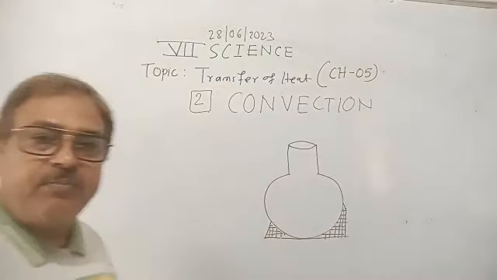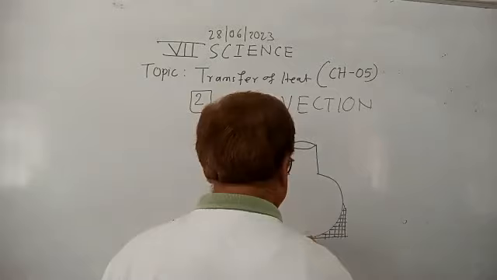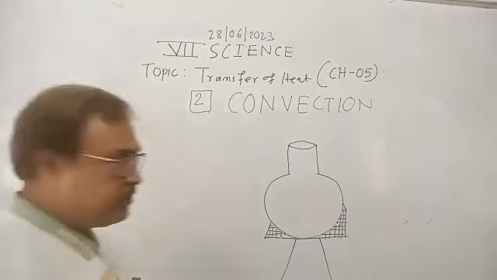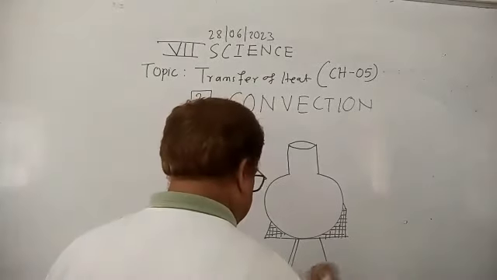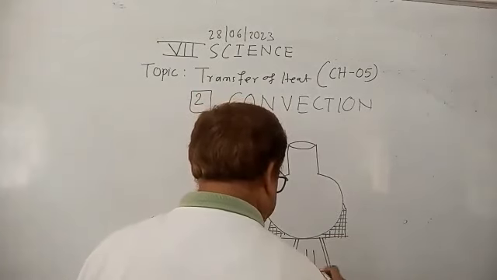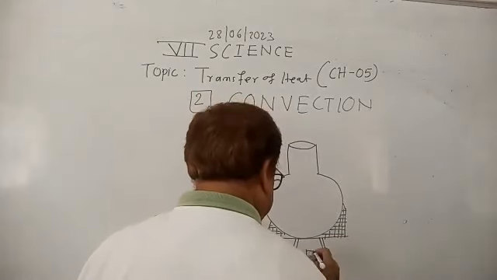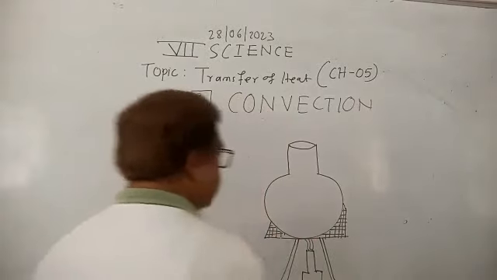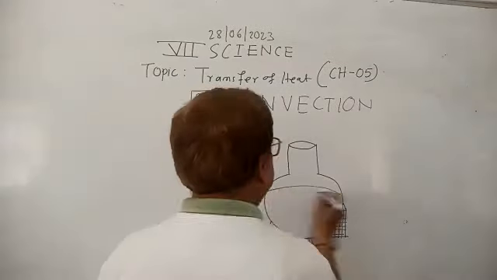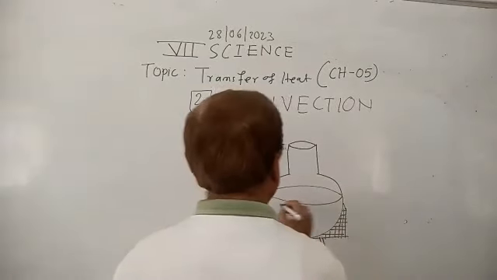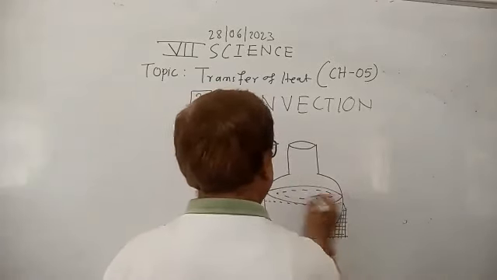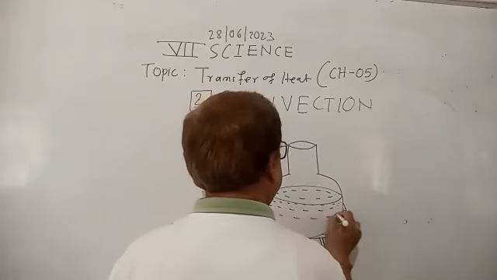The wire gauze is placed over the three-point stand. This is the stand. Here is the gas burner. Put water in the round bottom flask, the water inside it.